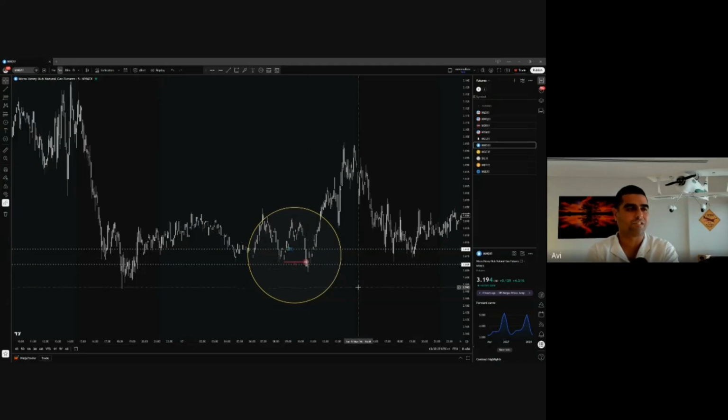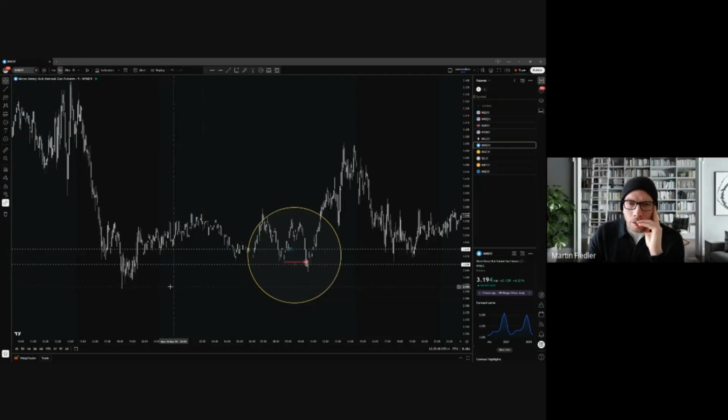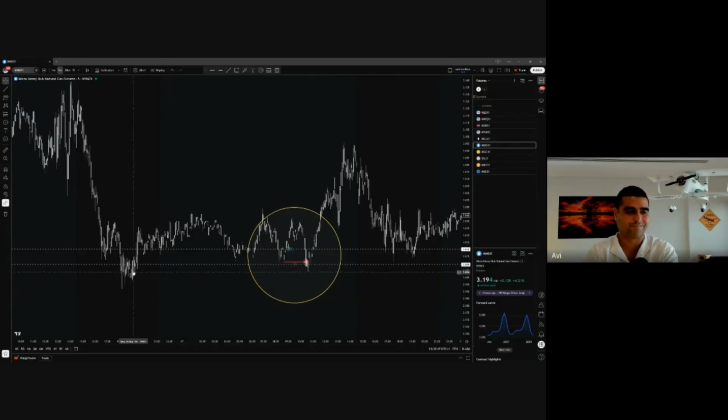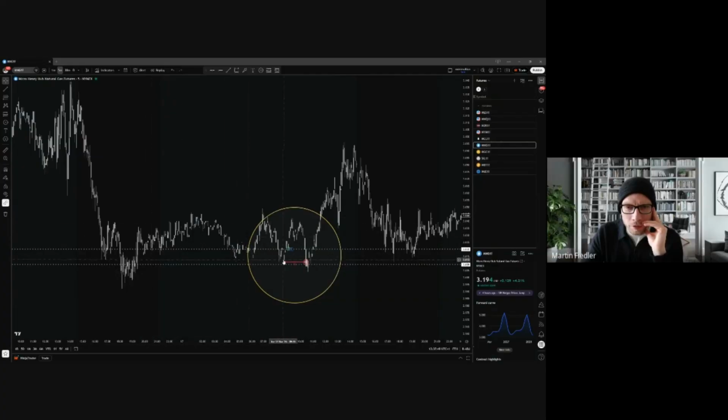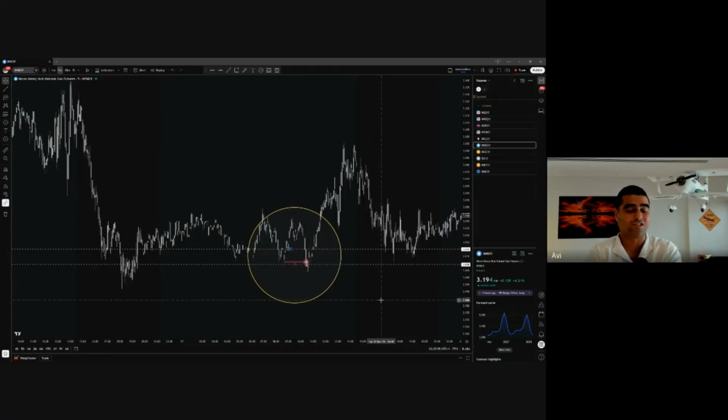Well, to begin with, just on this picture on the 5-minute chart, do you see a double bottom here? To be honest, no. It's a choppy mess. It's just sideways. Just because you see something on a 30-minute doesn't mean you jump into a small time frame and take a trade.